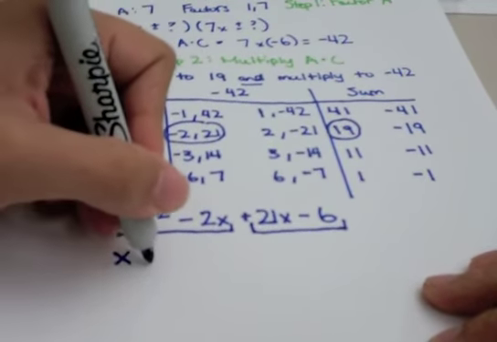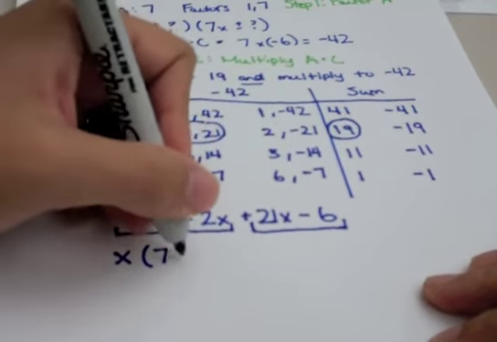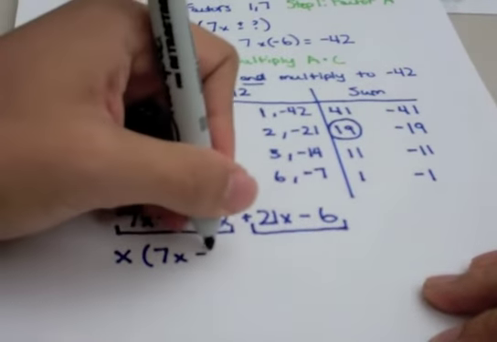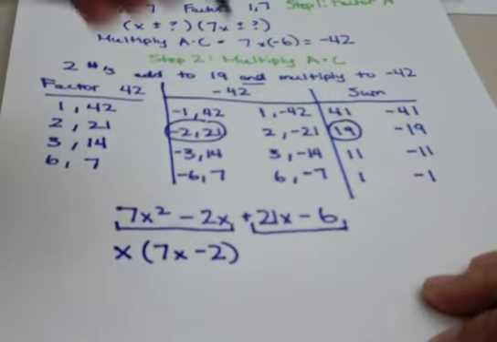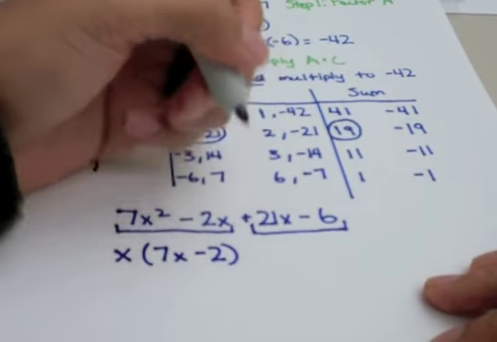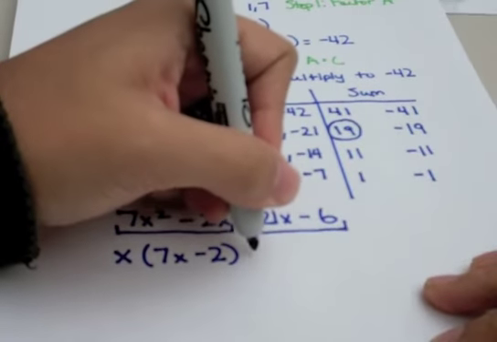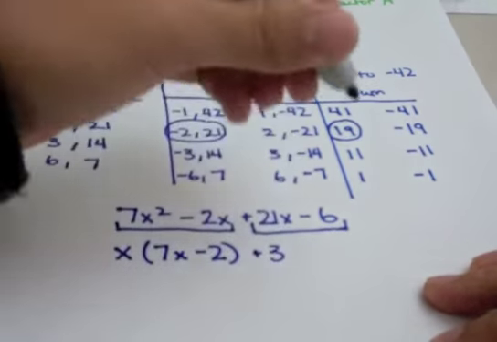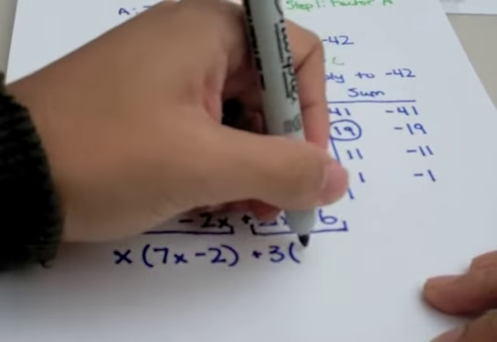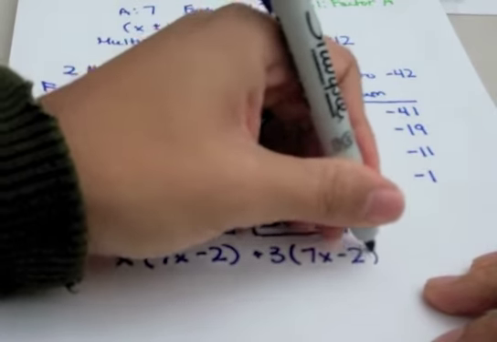And we're left with 7x minus 2. And over here, we can factor out a 3. And we'll have 7x minus 2.